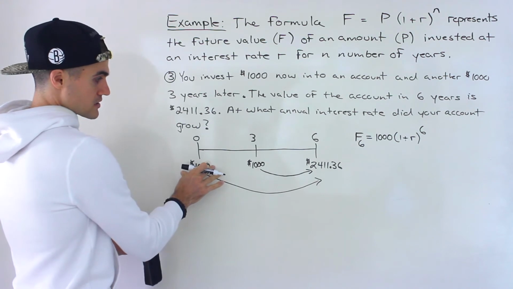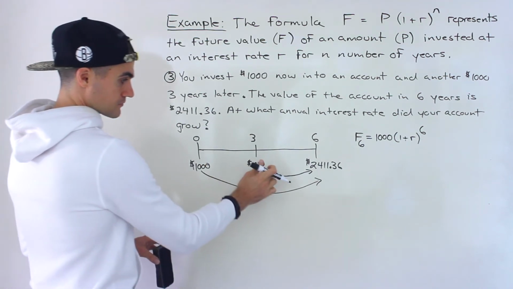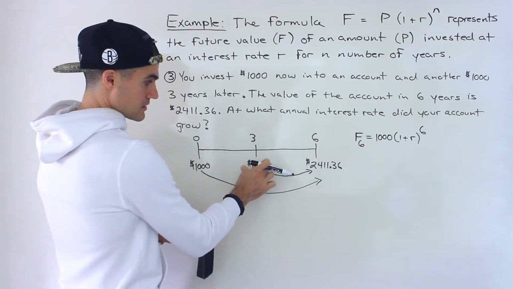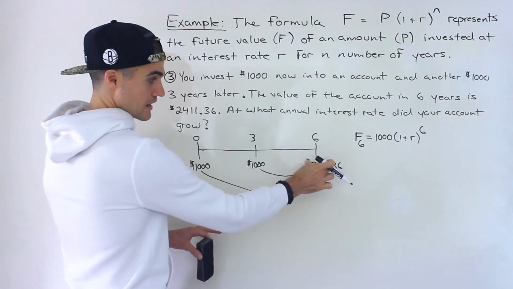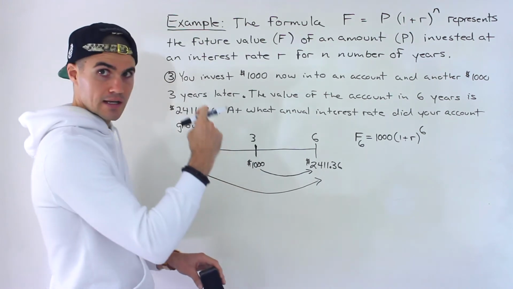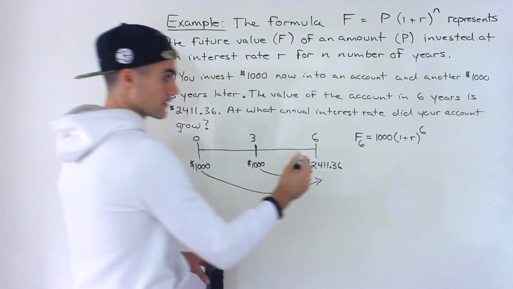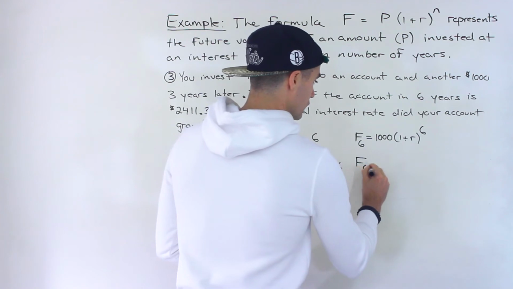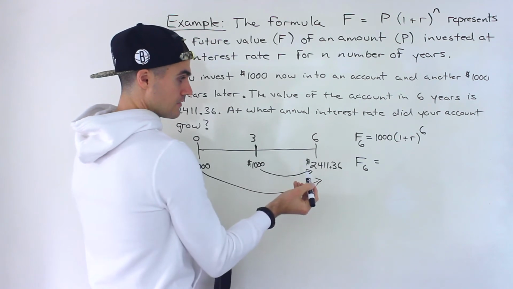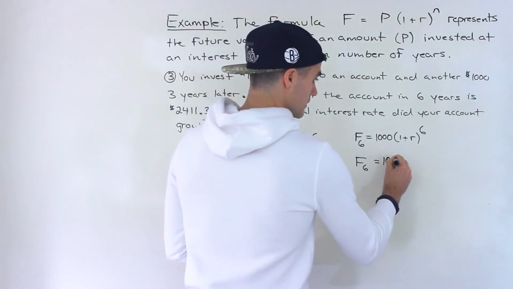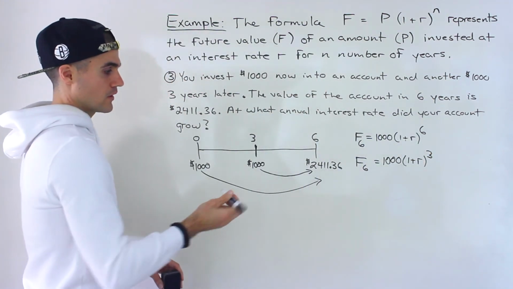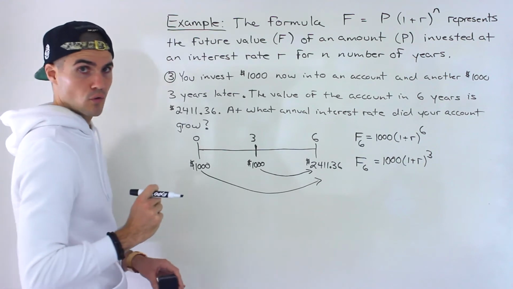Now let's forget about this 1,000 and look at this 1,000. Here we can set up an equation for the future value of this 1,000 in year 6, but we're investing it in year 3. Notice that it accumulates interest for 3 years, so the future value in the 6th year would be 1,000(1 + r)^3, because it only accumulated interest for 3 years.